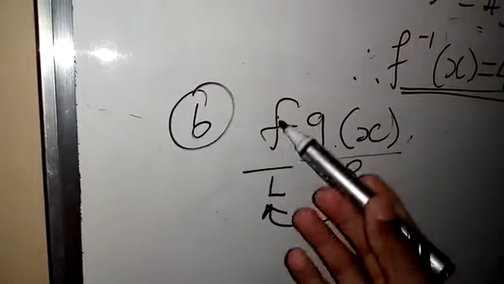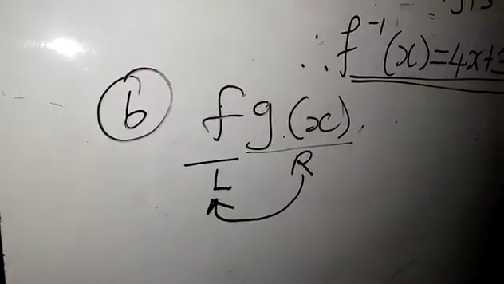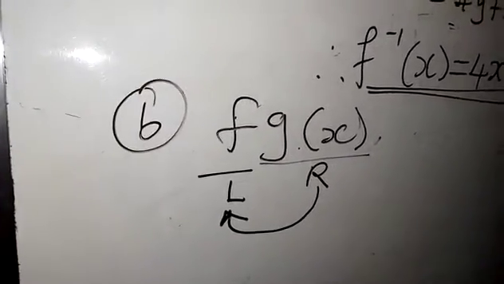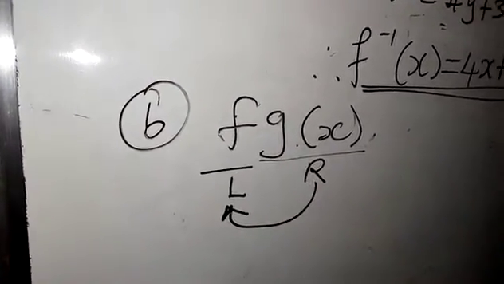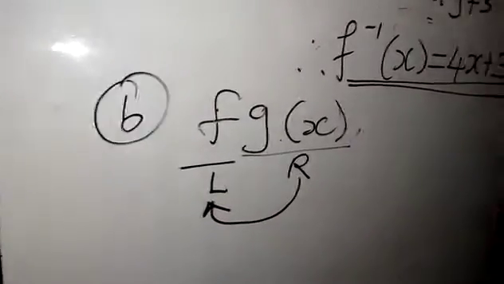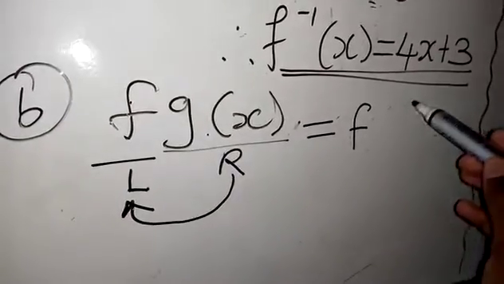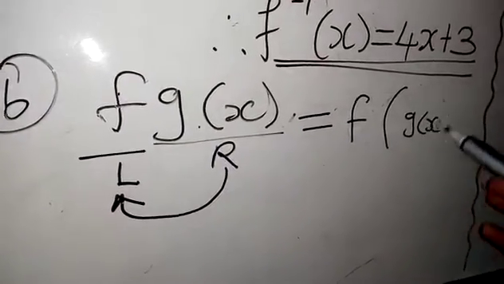So when they say f of g, they mean get g, put it in f where there is x.